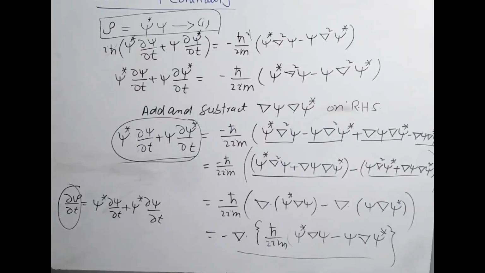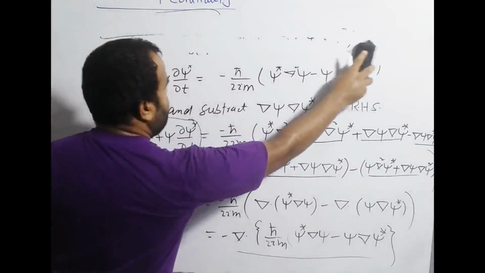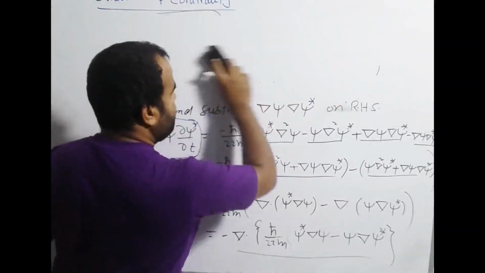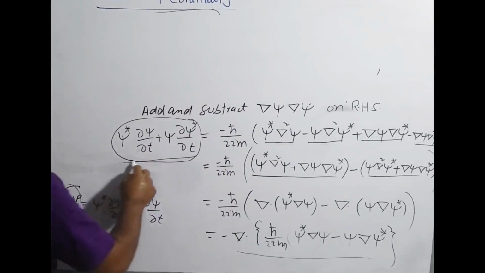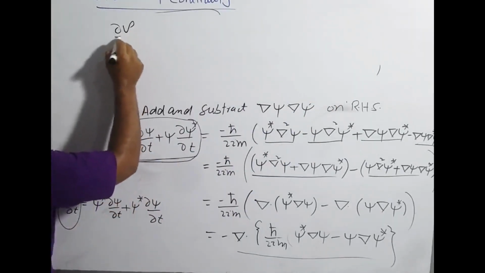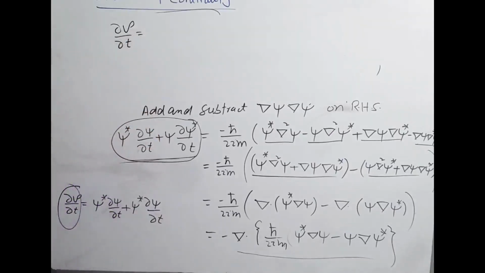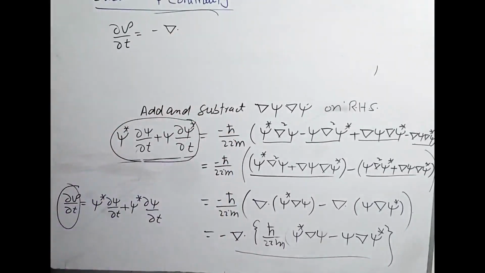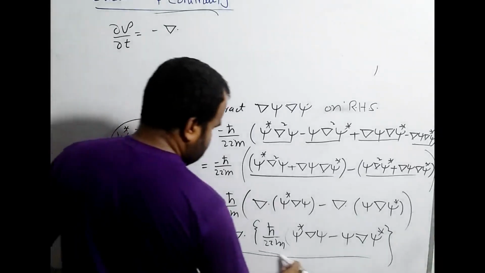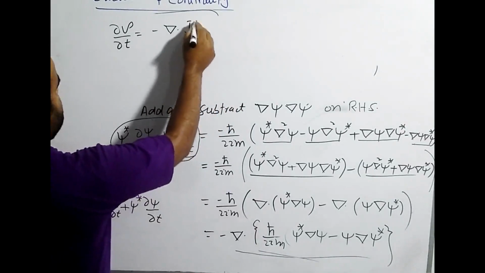So this can be written as partial rho divided by partial t, which is equal to the right hand side: del dot, and this is j, minus del dot j.